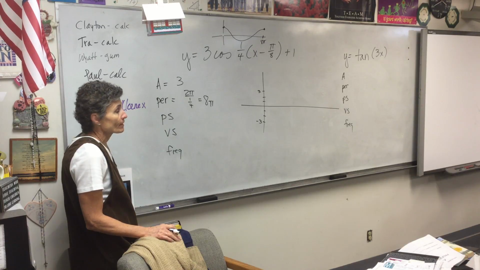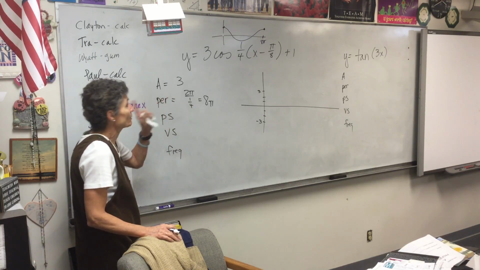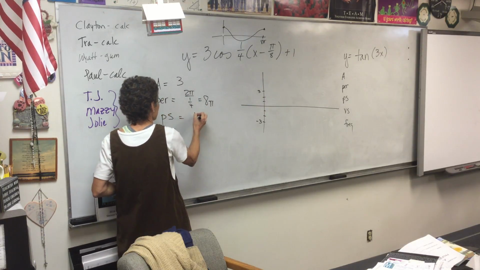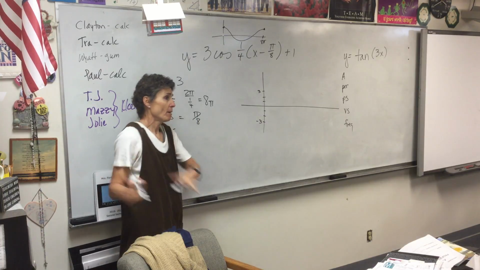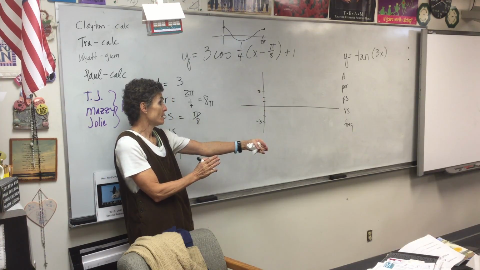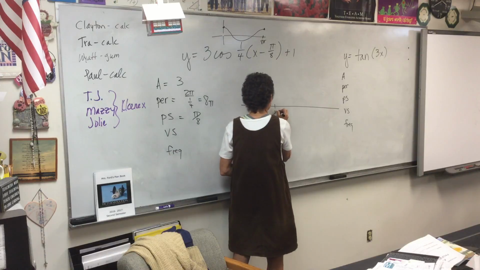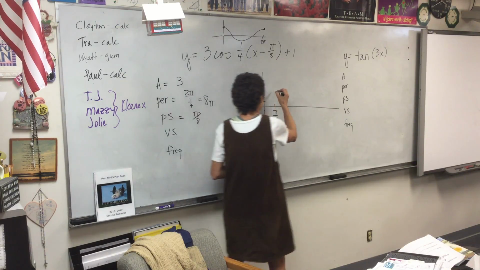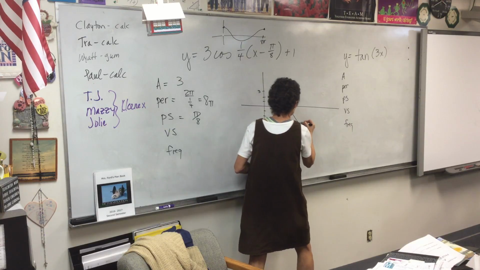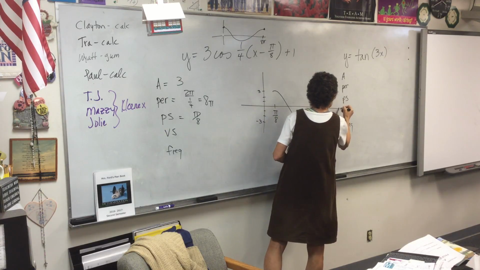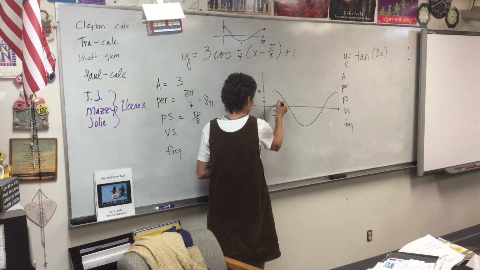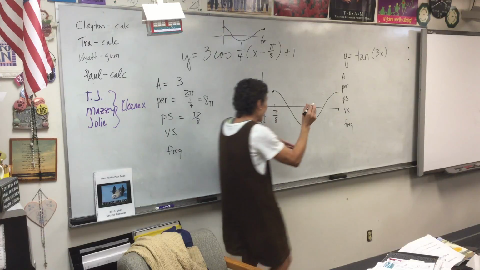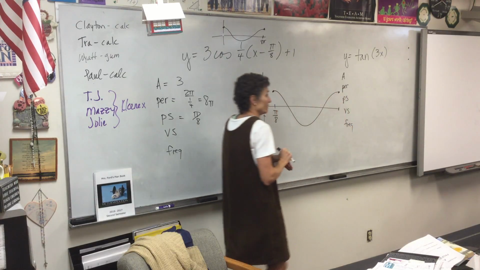Is that the phase shift inside? Phase shift is your horizontal shift. That's what's attached to x, added or subtracted. So we are going to start pi over 8 to the right. My cosine curve is going to start at pi over 8, top of the hill is going to be at pi over 8, and then it's going to end at the top of the next hill.